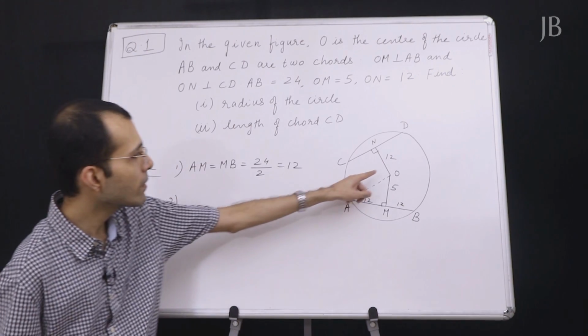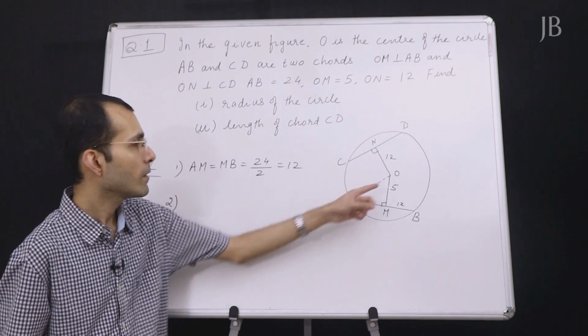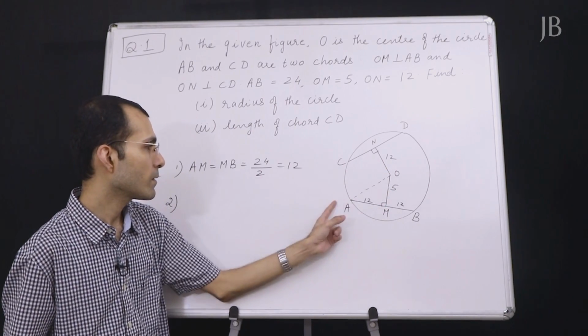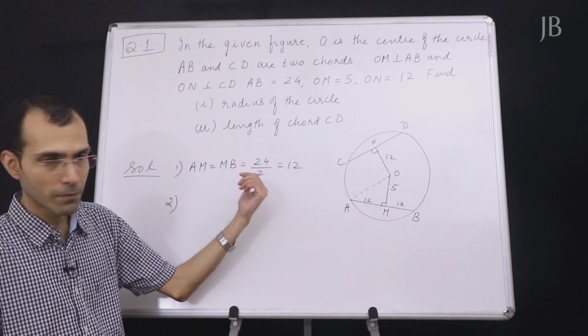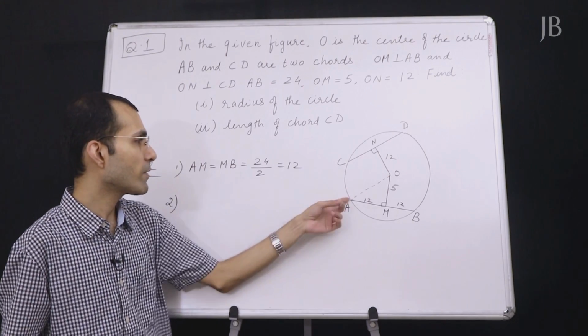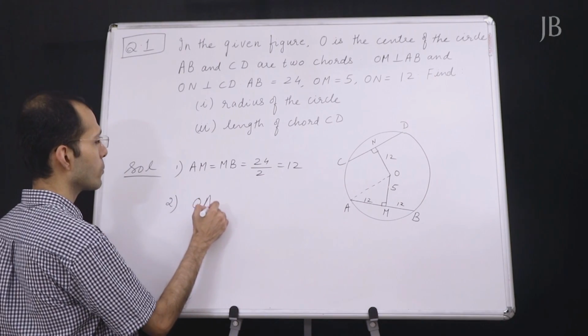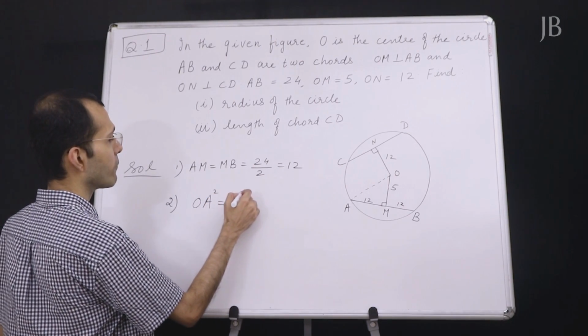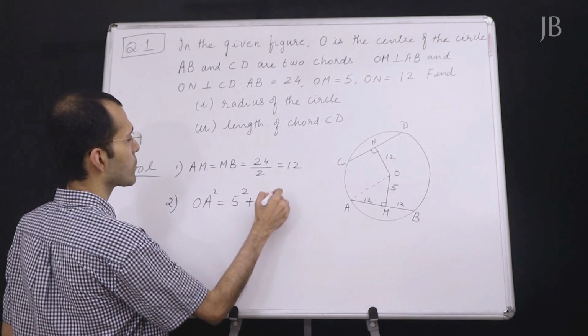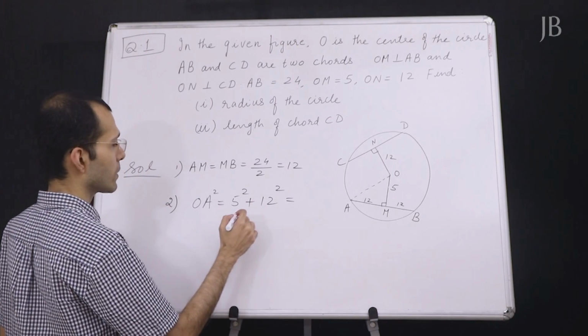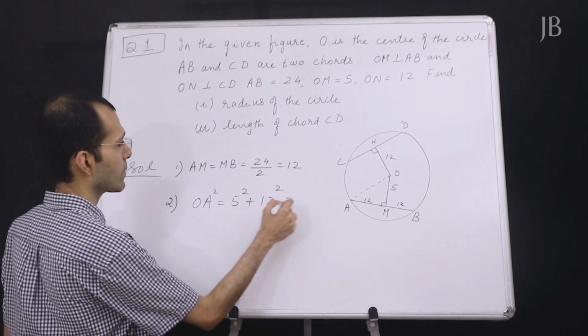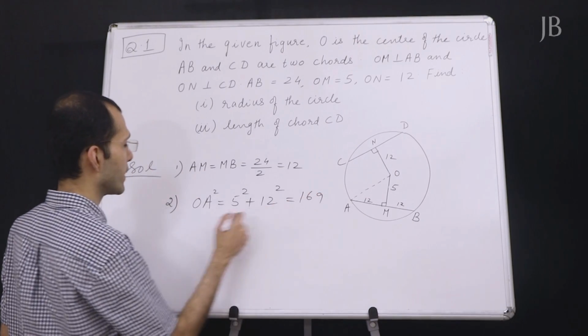Now observe this triangle OMA. OM is 5, this is 12, we just now worked it out with the reason. So can't we find OA by Pythagoras theorem? So we will have OA square equals 5 square plus 12 square. That works out to be how much? 25 plus 144, 169.